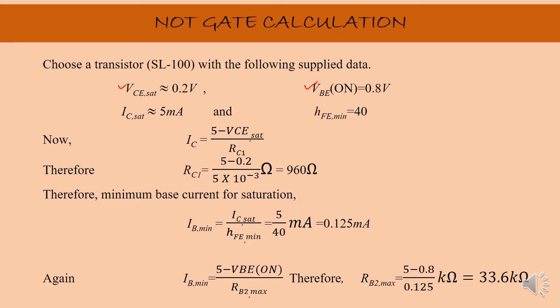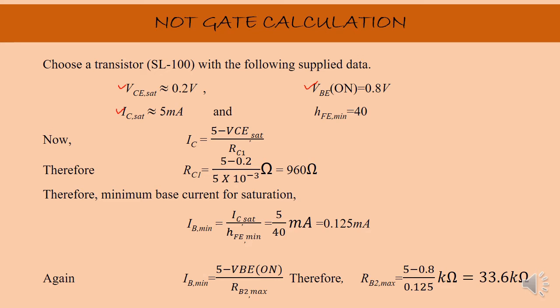IC saturation value is nearly equal to 5 milliampere. This value is the same for any transistor. And HFE we choose as 40. This is the beta parameter value. You can choose any beta parameter value transistor. This is called the HFE minimum value.